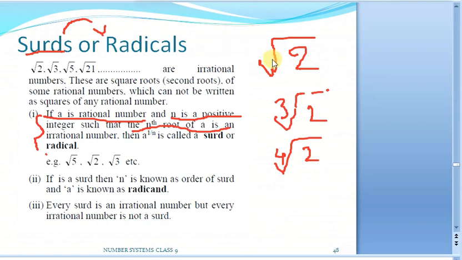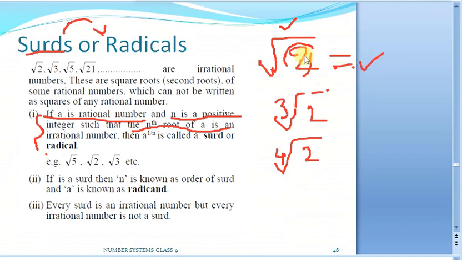If this entire value is irrational, then we say this particular thing is a surd. See here root 2, so inside a number a is there. I have taken this as the second root. That means square root means second root, by default we are assuming that. So it will be the square root of 2. Is it irrational or not? Yes, already in our previous discussions we have seen that root 2 is irrational. So this is going to be irrational.